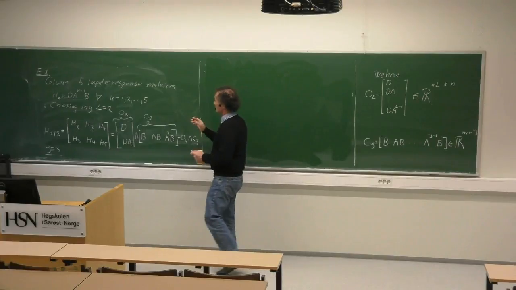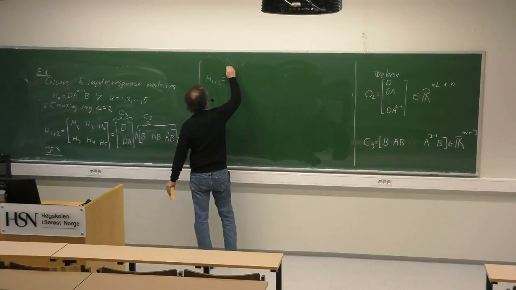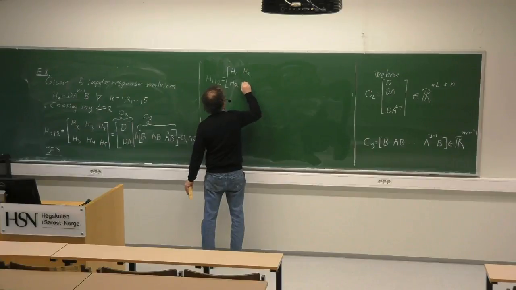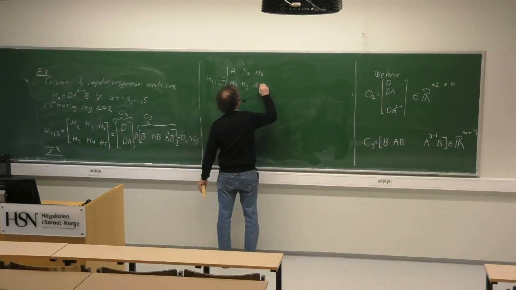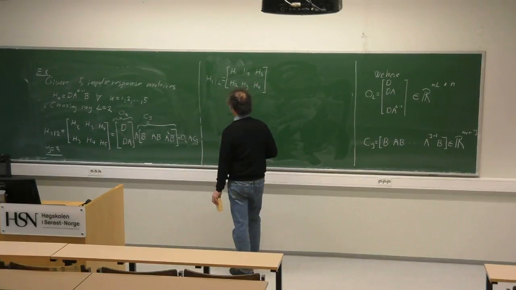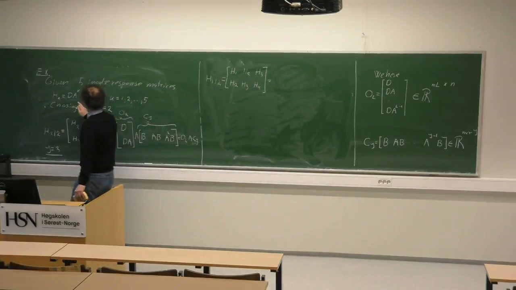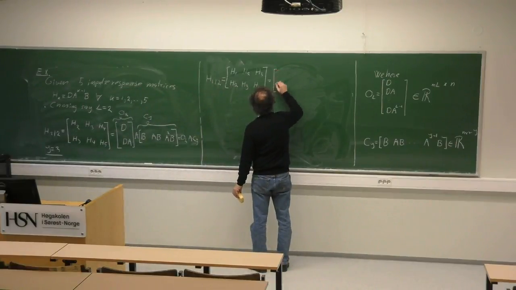Now let us, in this example, write up the first Hankel matrix. H1 given 2, which is H1, 2 block rows, H2, H3, H3, H4. And we know that, of course, if we are using the Hankel matrices, H1 is D times B. We can also do it in this way.